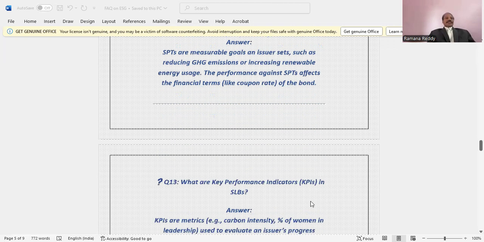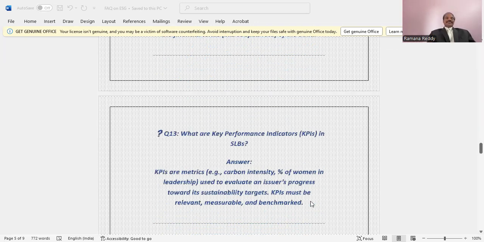The next question: what are key performance indicators, KPIs, in SLBs? KPIs are metrics, for example carbon intensity or percentage of women in leadership, used to evaluate an issuer's progress towards its sustainability targets. KPIs must be relevant, measurable, and benchmarked.